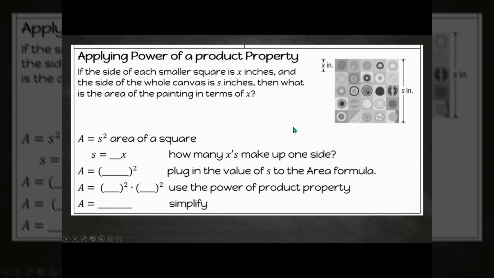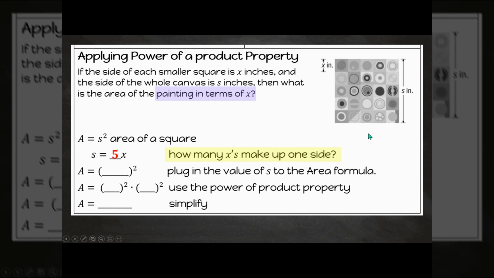Then what is the area of the painting in terms of x? So how many x's are on one side? So 1, 2, 3, 4, 5. Okay, so one side is equal to 5 x's.